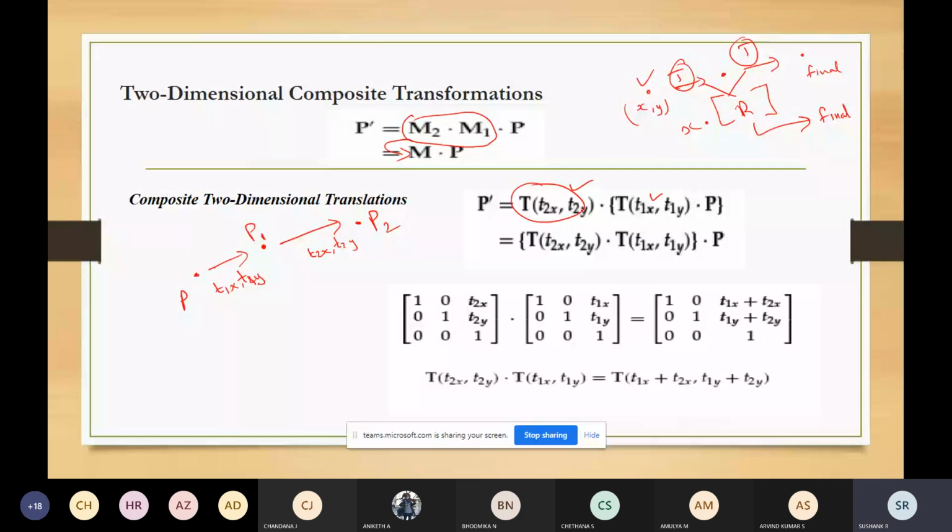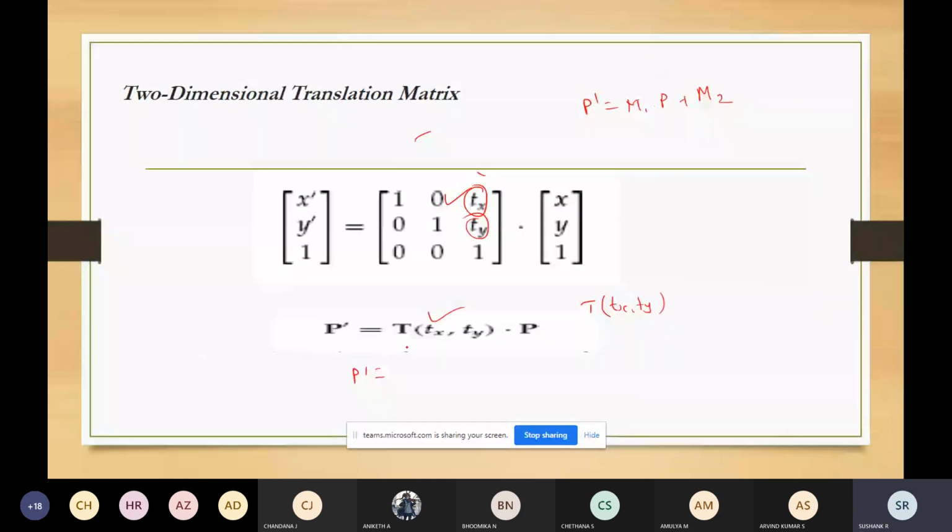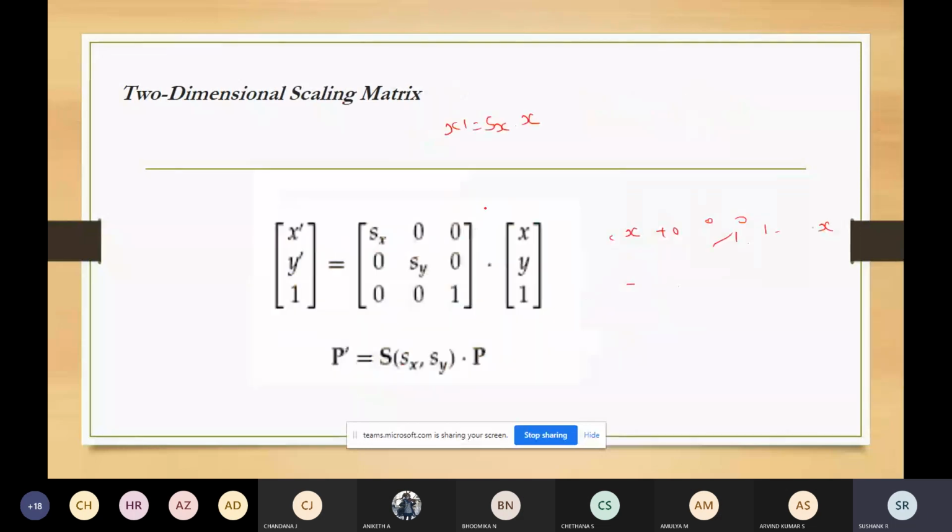You know that T of tx comma ty, as in the previous equation you would have seen, is an identity matrix with the third row substituted with the shift values.